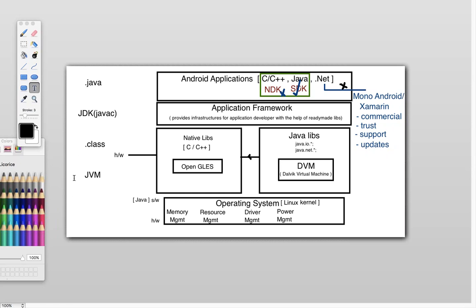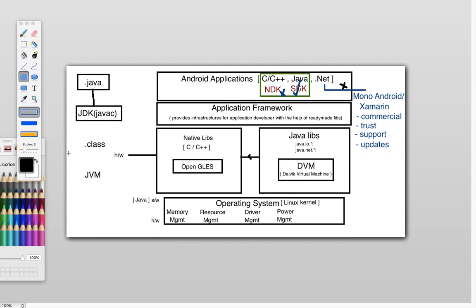Here also we are writing the code using the Java programming language only. Next we'll submit the Java code to JDK, to the Java compiler. JDK is going to compile your Java code and it will produce a .class file.